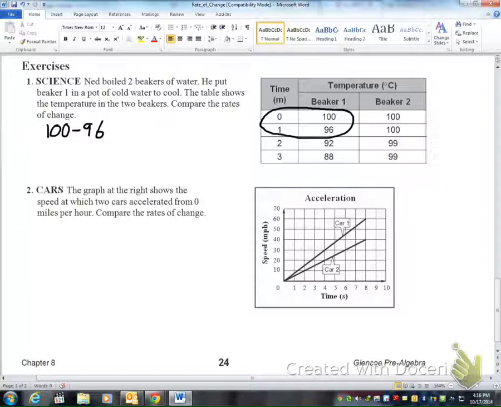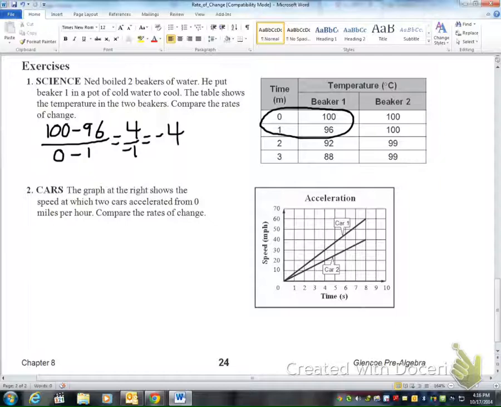Now those are my Y values, whereas my X values from there is from 0 to 1. So 100 minus 96 gives us 4, 0 minus 1 gives us -1, so we have a decrease of 4 degrees per minute in our first example.